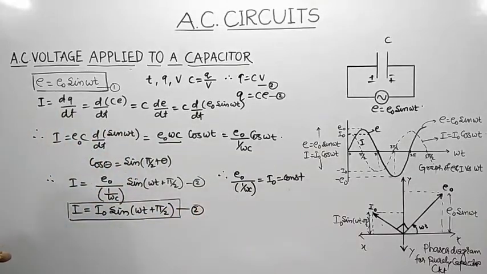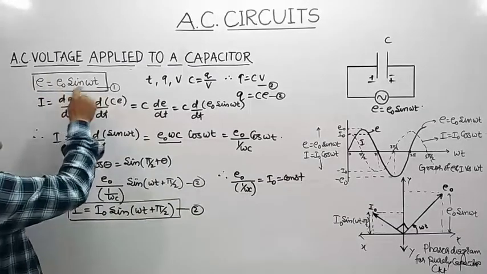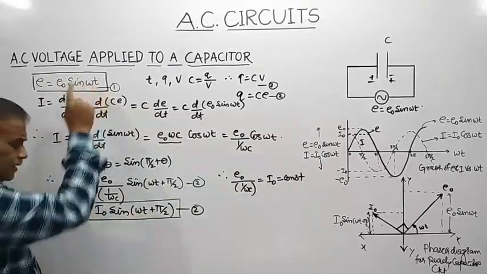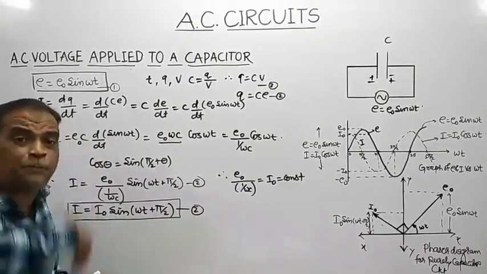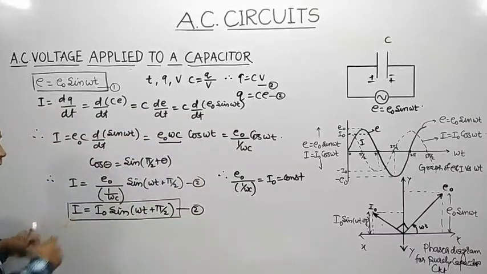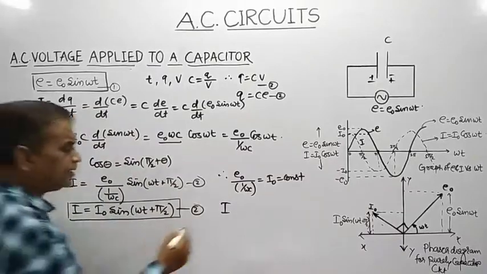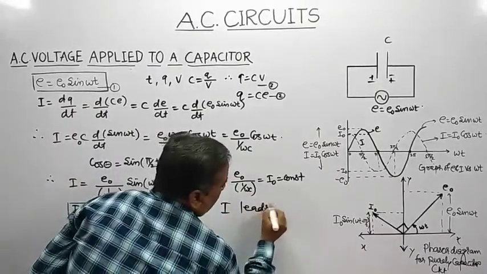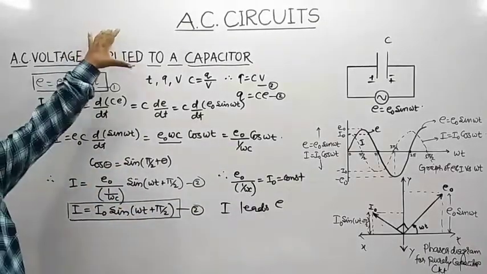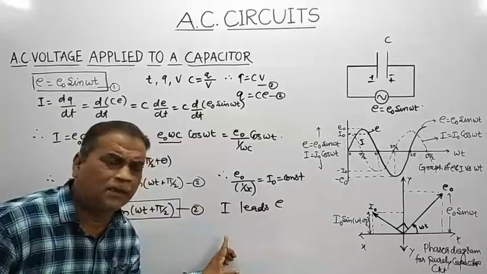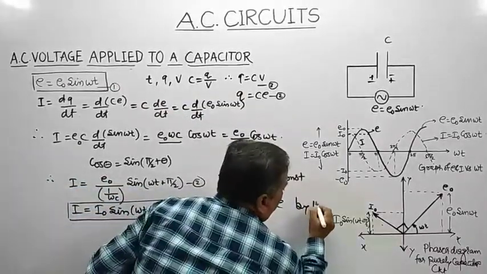Now, if I compare equation 1 with equation 2, E equal to E0 sine omega t, and I equal to I0 sine omega t plus pi by 2, it means current leads the EMF. So in a purely capacitive circuit, alternating current leads the alternating EMF by phase angle of pi by 2.